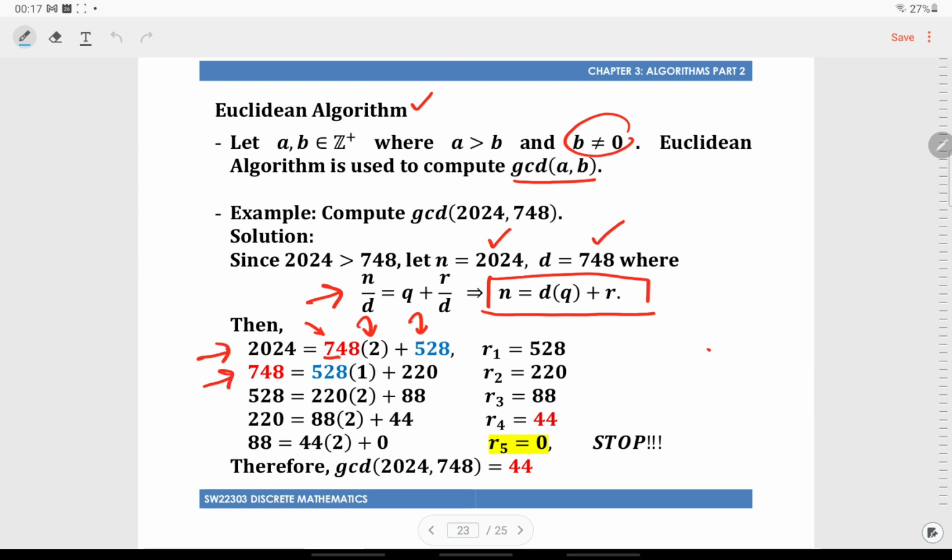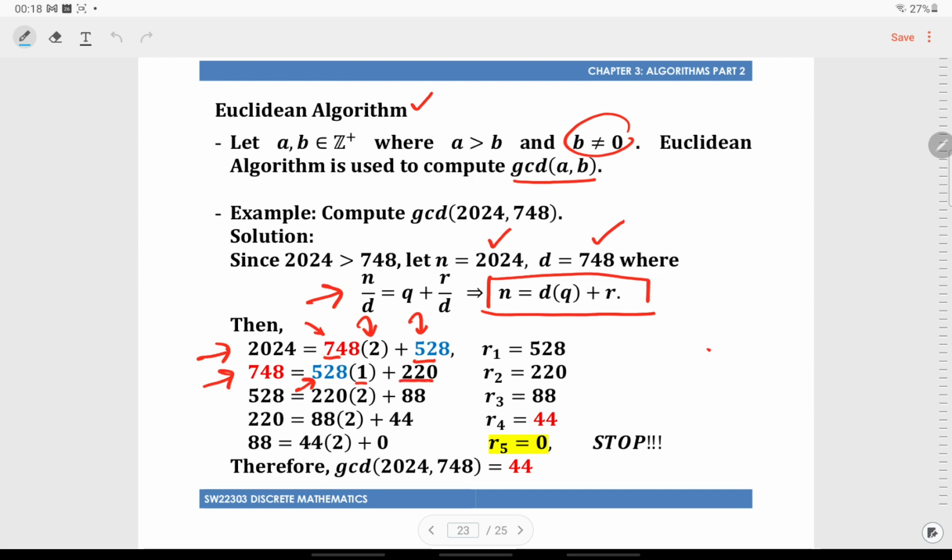We take the divisor as the new dividend, and the remainder as the new divisor. So the divisor in the first step becomes the new dividend, and the first remainder becomes the new divisor. We divide, and we obtain the quotient equal to 1 and the remainder equal to 220.